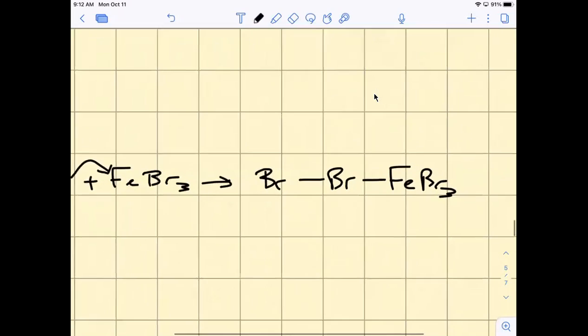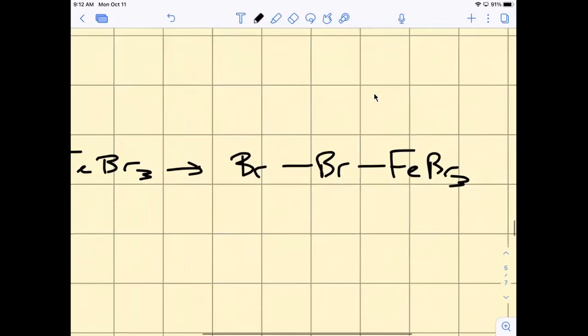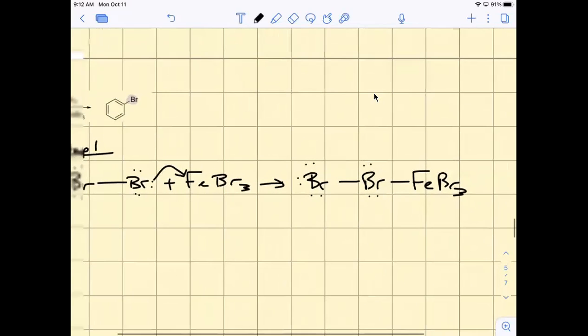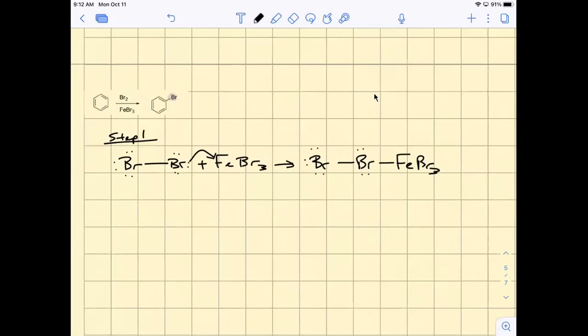That complexation happens with iron because iron has empty d orbitals that bromine can donate a pair of electrons to.